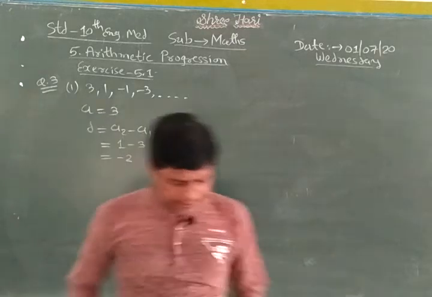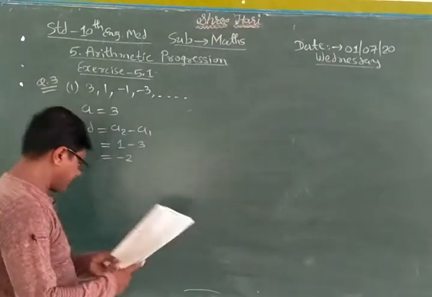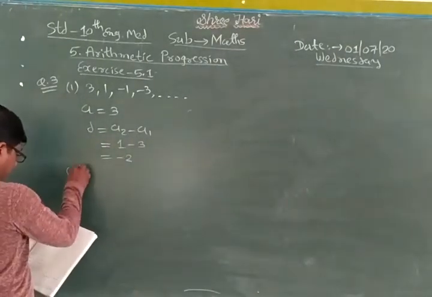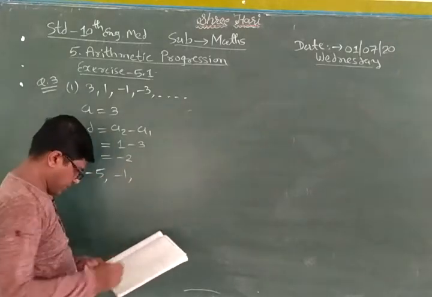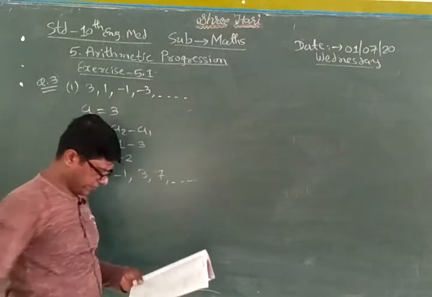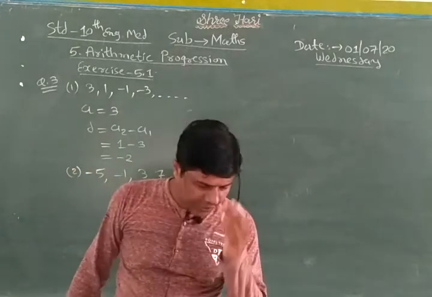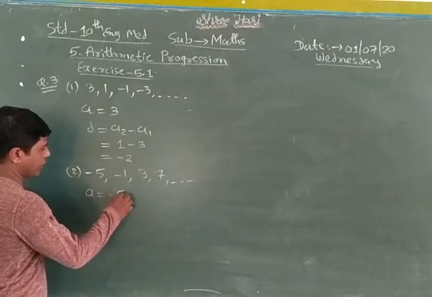Now the second one: minus 5, minus 1, 3, 7. First term we write down here, A is equal to minus 5.